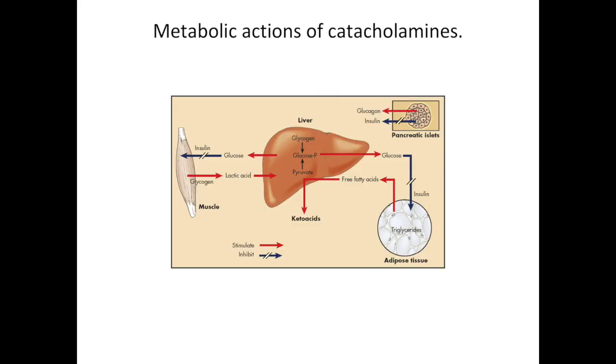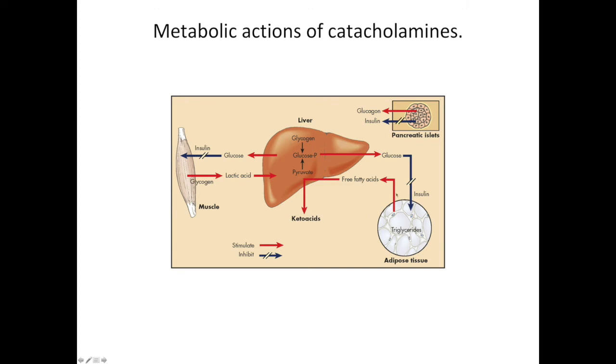So the metabolic actions of catecholamines are shown here. It breaks down glycogen into glucose. It will break down glycogen in the muscle so that it can be used. Obviously, the muscle cannot pass out glycogen or glucose, and so what comes out of the muscle then is lactic acid as it's used by the muscle for its function.